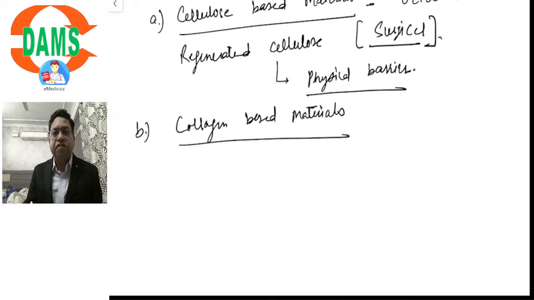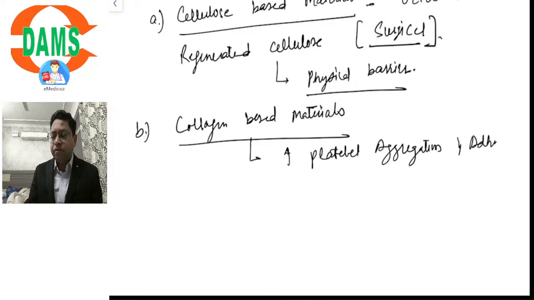Then we have collagen-based materials. Collagen-based materials are resorbable. They stimulate chemical reactions like platelet aggregation and adhesion. We know that blood clotting requires these important steps in which there is formation of a platelet plug.